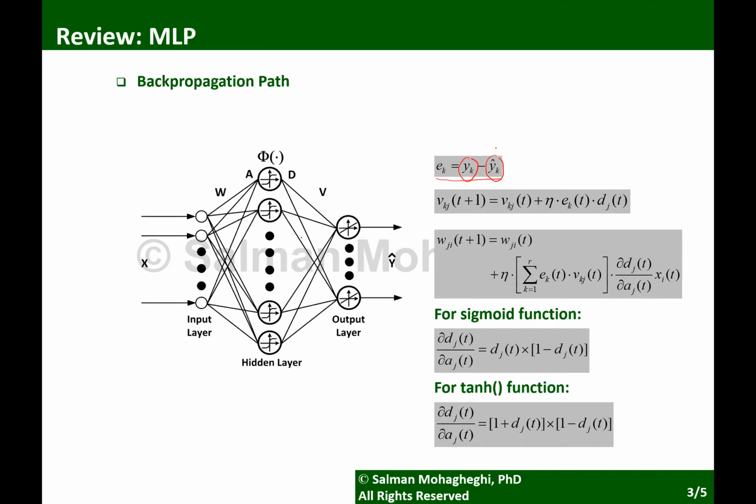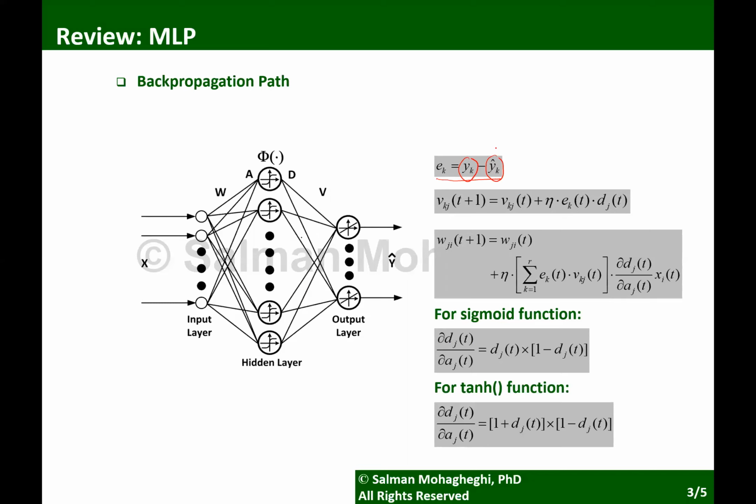So for that particular set of input features that have been applied to the neural network, we know during training that the output should be y of k, but our neural network, because it's not ideal, will generate some other output, which is y hat of k. The difference between the two, and pay attention, it's y minus y hat, would be the error signal for that particular neuron. If you have 5 different neurons in the output layer, your error signal is going to be 5-dimensional, one error signal corresponding to each output neuron.